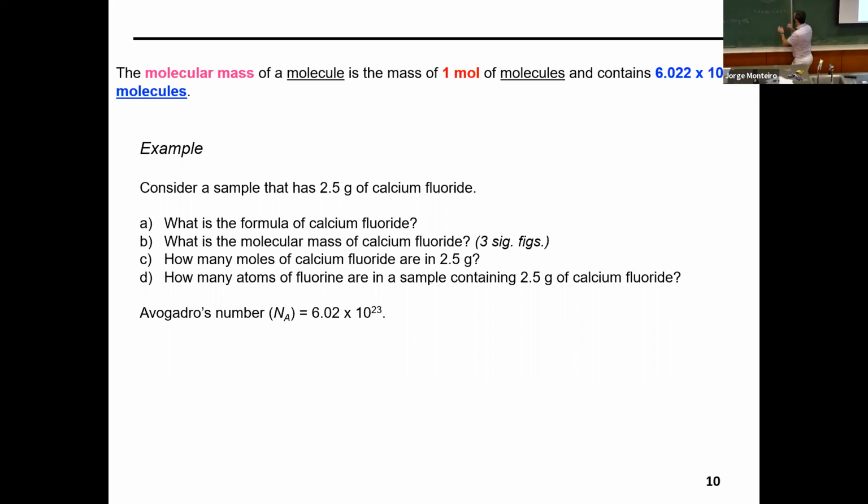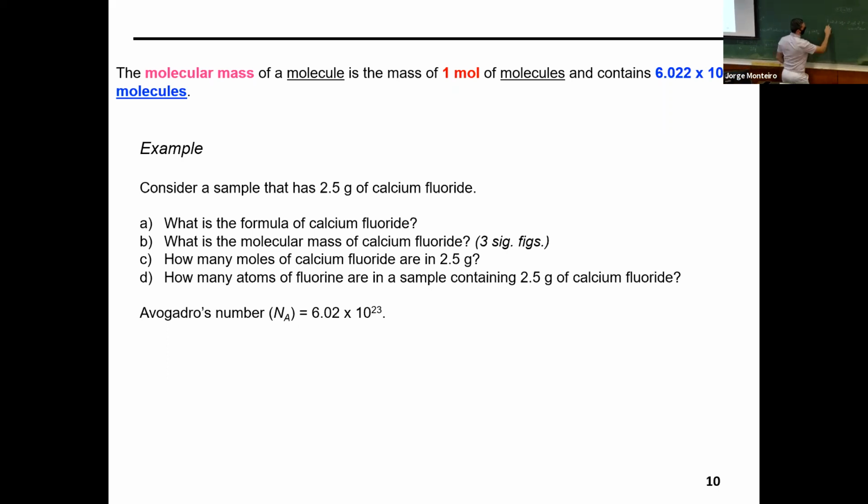We can always replace mole by 6.02 times 10 to the 23rd atoms of fluorine. Now we have a relationship between moles of calcium fluoride and atoms of fluorine. We will build the proportion again.